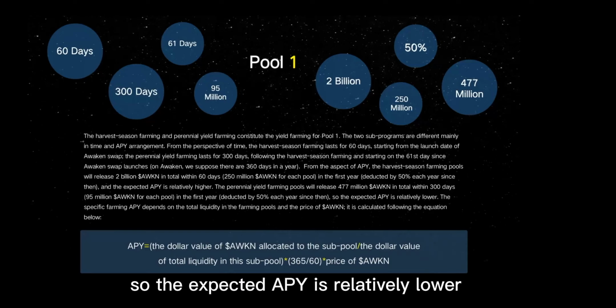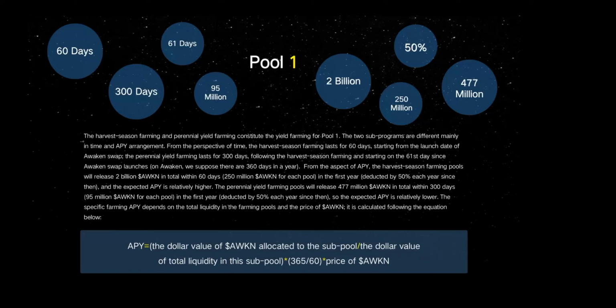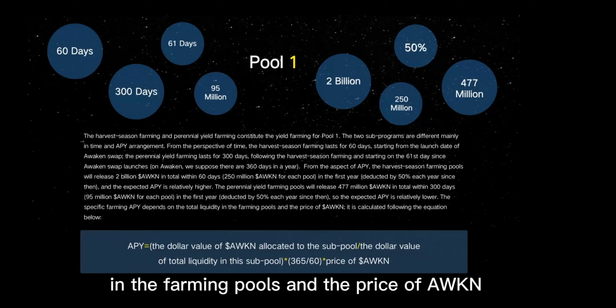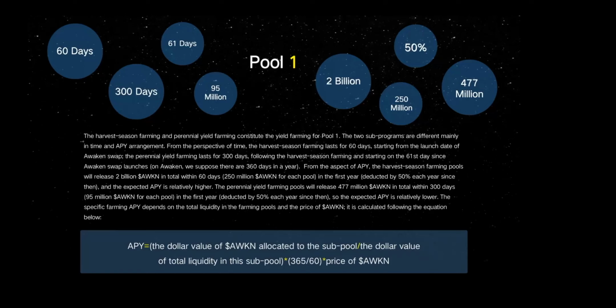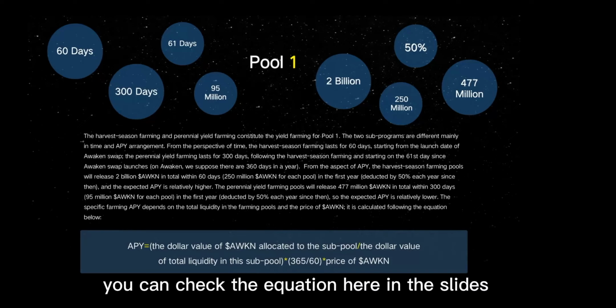So the expected APY is relatively lower. And the specific farming APY depends on the total liquidity in the farming pools and the price of Awaken. It is calculated following the equation below. You can check the equation here in the slides.